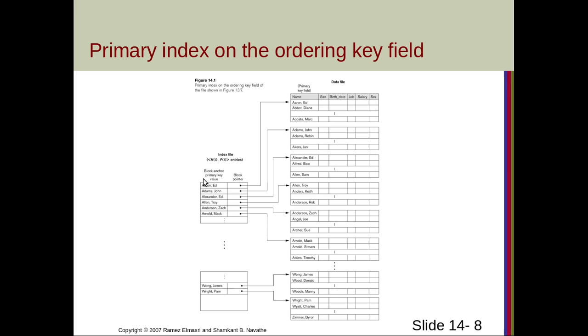For every record you are not having a pointer, and as this is an ordered file, if you want to search for a particular record, by searching this index file you can locate the block in which it resides, and in that block you can easily retrieve that information. This is the primary index.